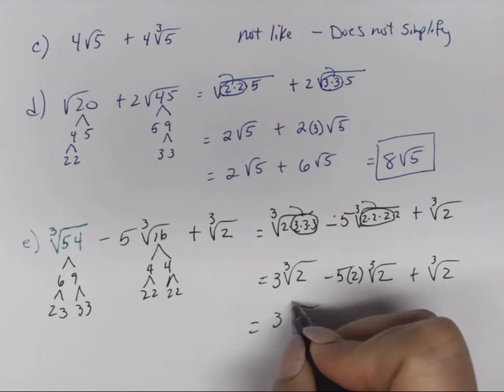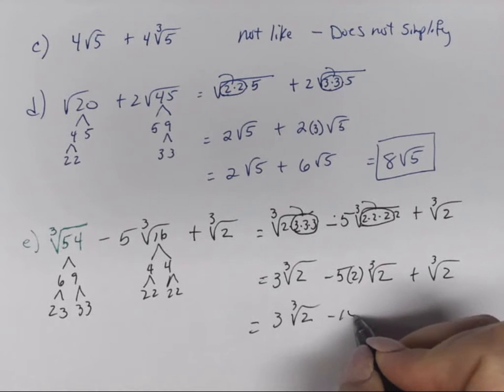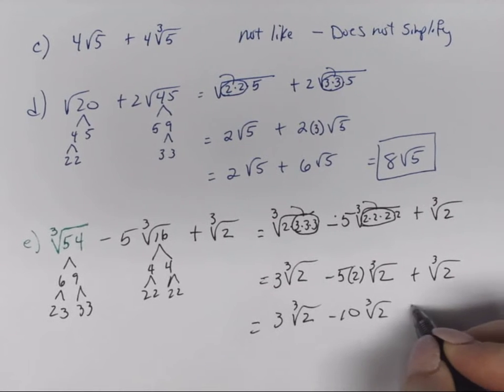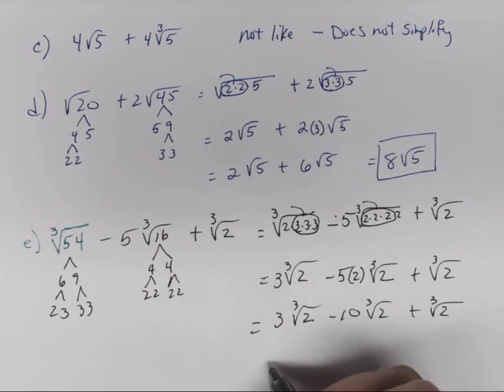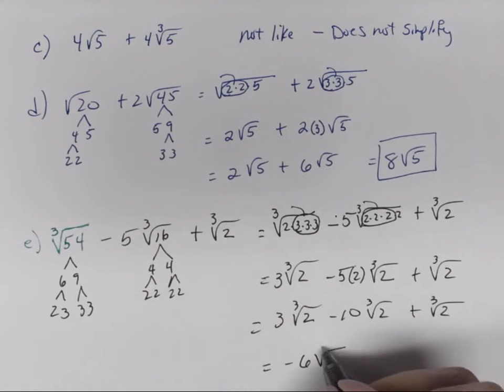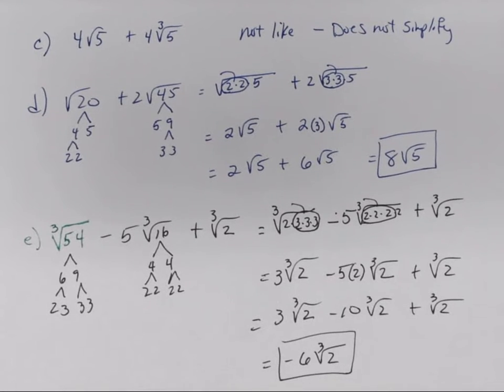So 3 cubed root of 2 minus 10 cubed root of 2 plus the cubed root of 2. So now when we combine these together, we have 3 minus 10 plus 1. So 3 minus 10 would get us -7, plus 1 would get us -6 cubed root of 2. And that would be your final answer.